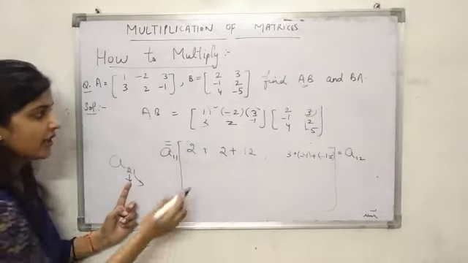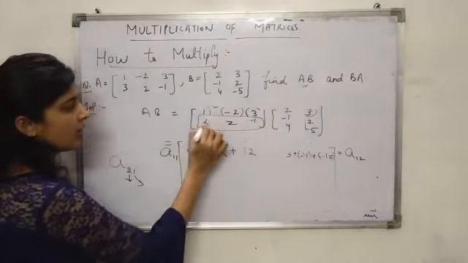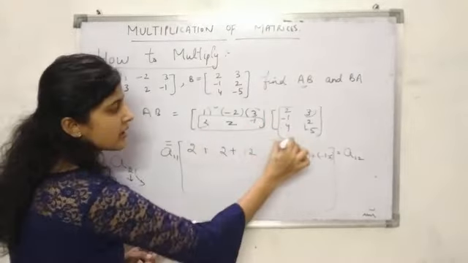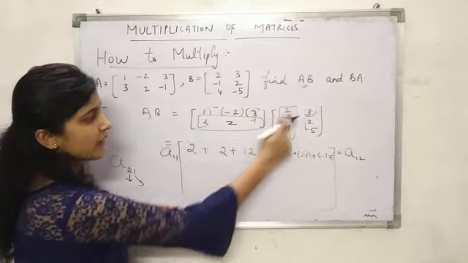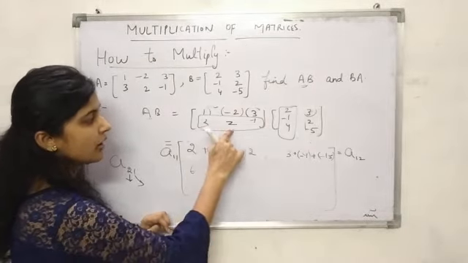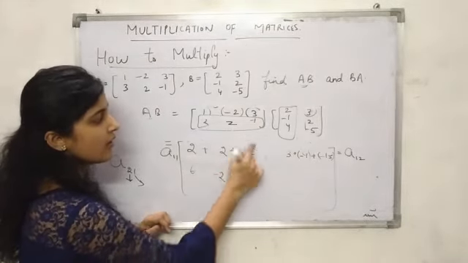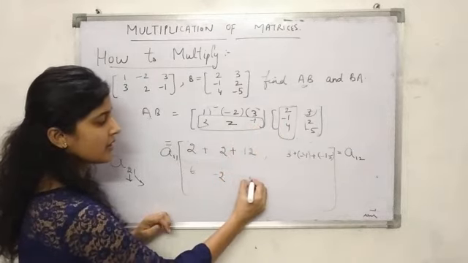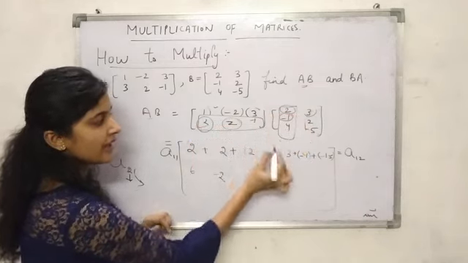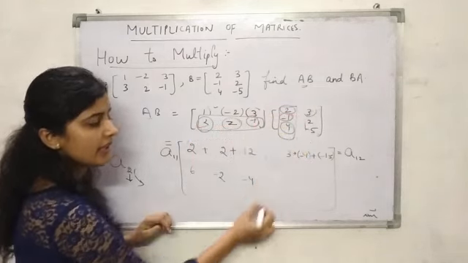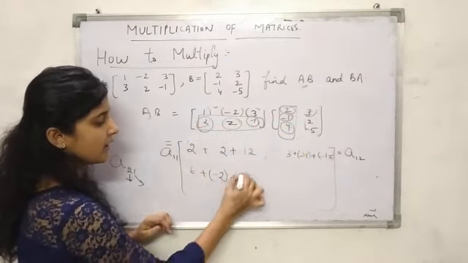So the second row means this row and the first column means this column. In a similar way, we will multiply these. 3 2s are 6, 2 minus 1 minus 2, minus 1 into 4 minus 4. First element with first element, second with second, third with third, and the result will be added.